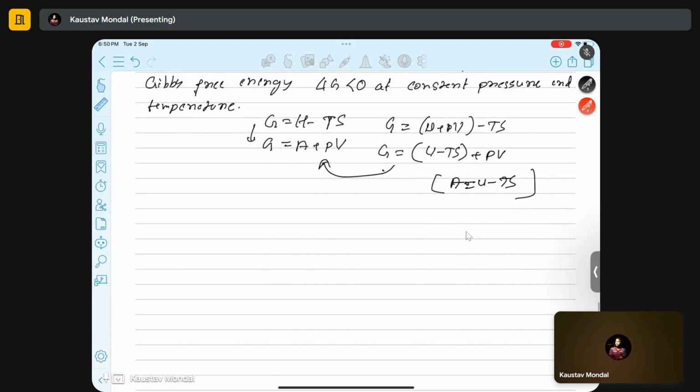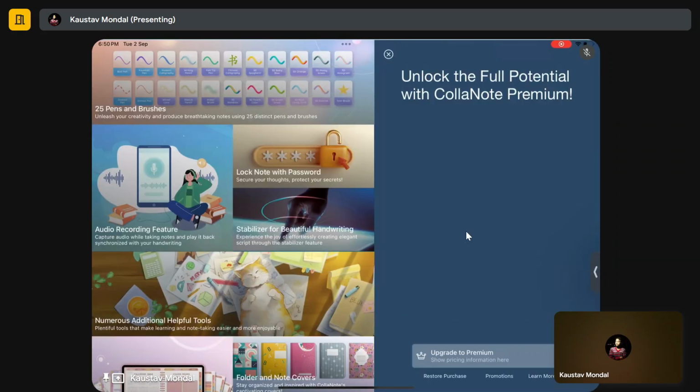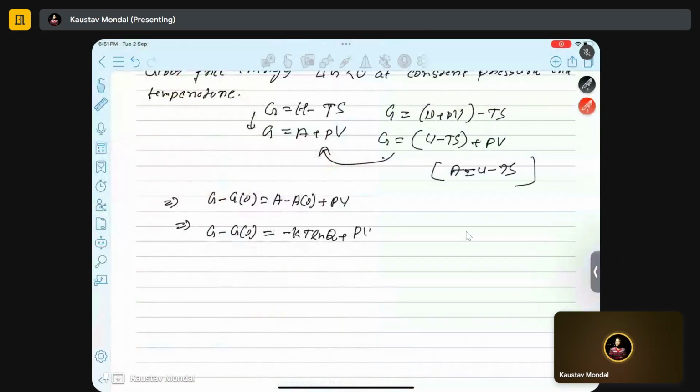So free energy, you can write G minus G0 is simply A minus A0 plus PV. Now G minus G0, we can write this A minus A0 as minus KT ln Q, plus PV.